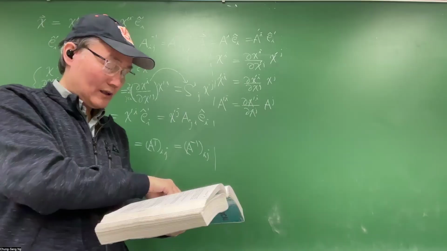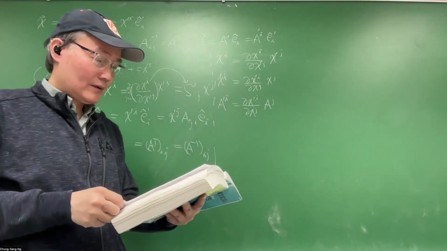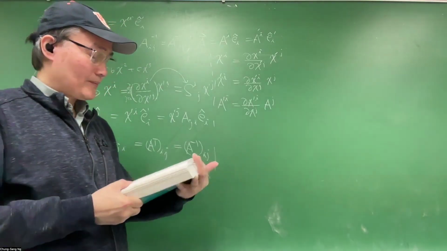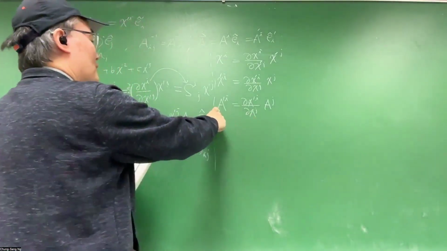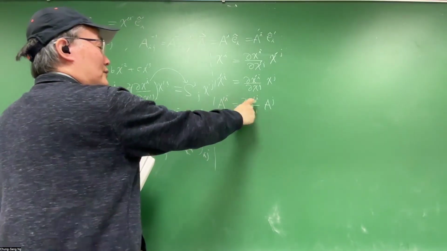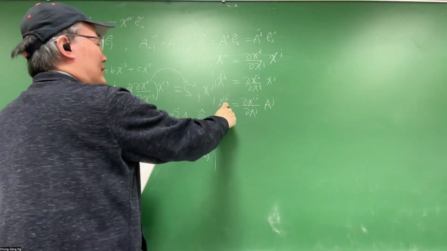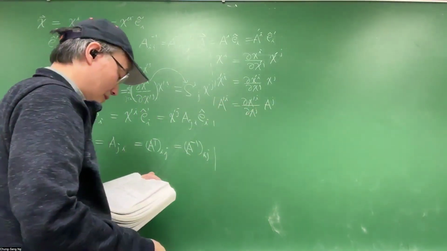Now we make the distinction that if you transform like that, using this superscript, that is called a contravariant vector.